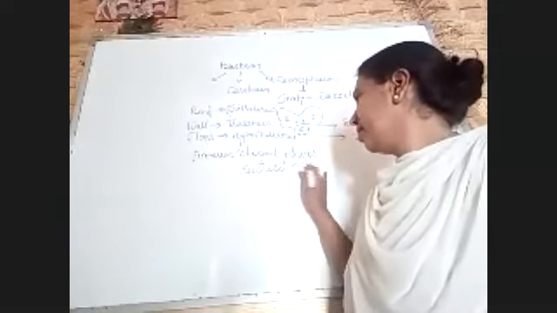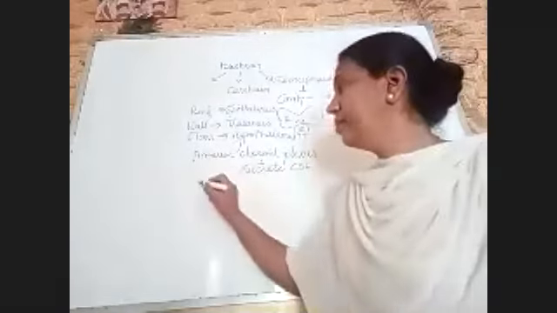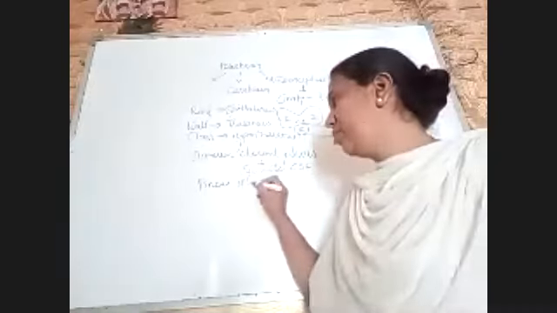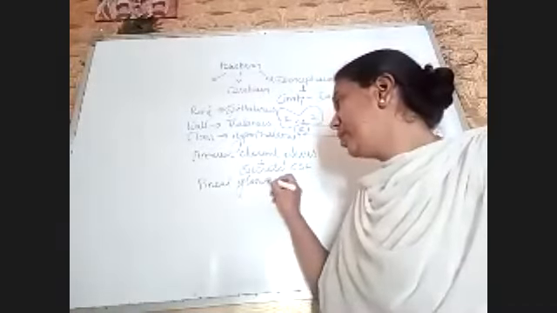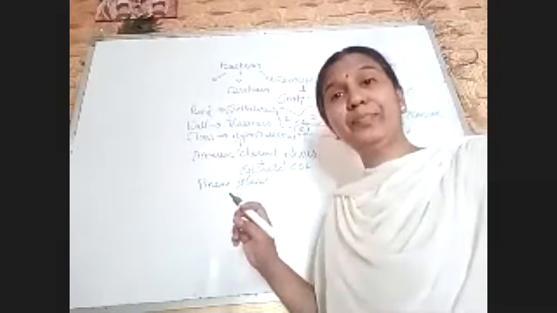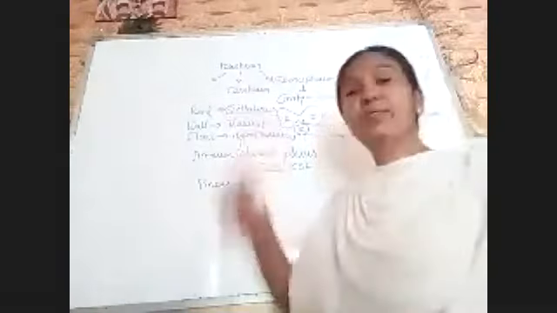And again here one gland is present, which is called pineal gland or pineal body. This pineal gland, which is an endocrine gland, is present in this epithalamus. So these are the functions of it as well as the parts of it.